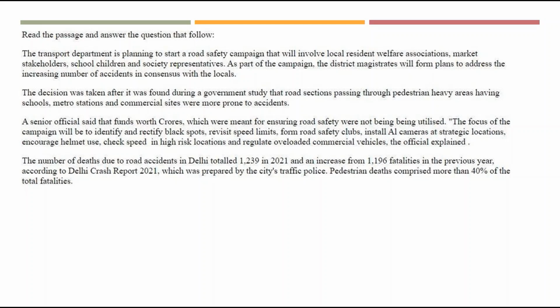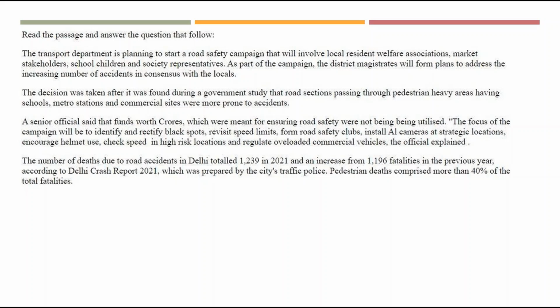The focus of the campaign will be to identify and rectify black spots. Rectify in the sense correct something that is wrong. Black spots we can say where the accidents often take place. Those areas will be black spots. And rectifying black spots means we have to correct those areas.